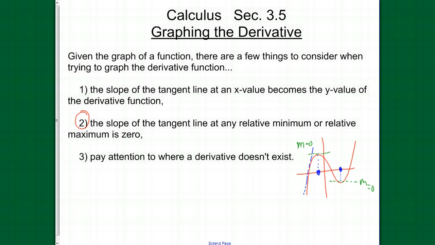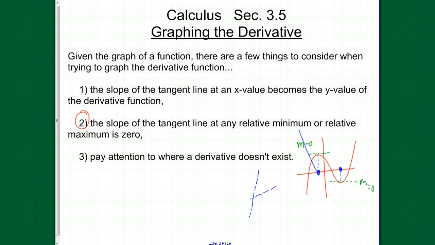Around here, there's a tangent line. It is a very positive slope, but as we move along, the slope becomes less positive. It's still a positive slope, but it's moving closer to that horizontal 0. So the derivative started out positive, went down to 0.